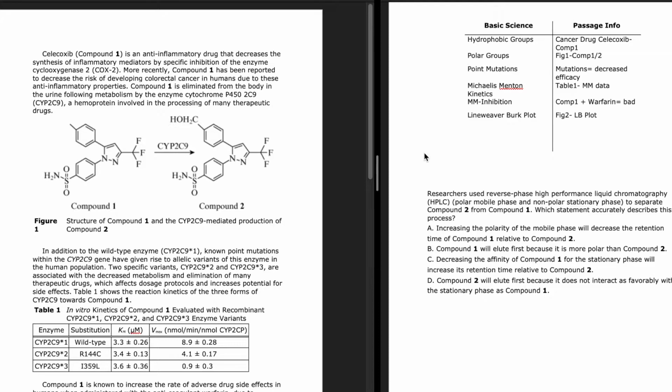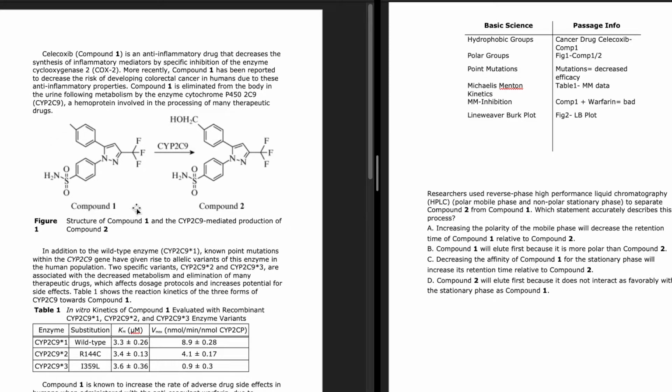However, like I said, it's obviously going to reference a little bit of information in the passage, and I know from my chart that figure 1 talks about compound 1 and compound 2. And in my basic science category over here, I've already identified that compound 1 and compound 2 have hydrophobic groups and polar groups.